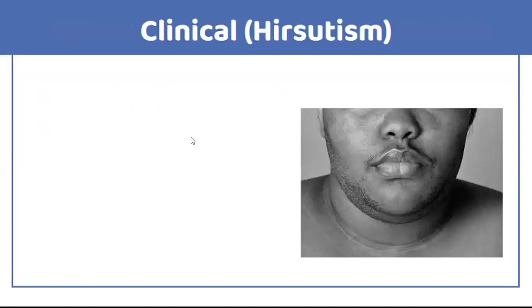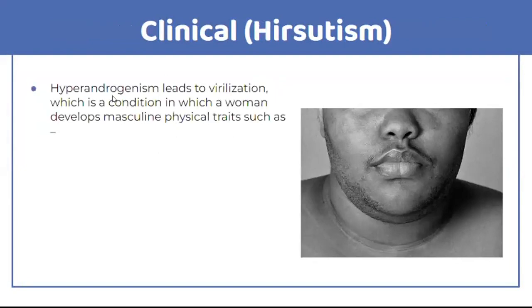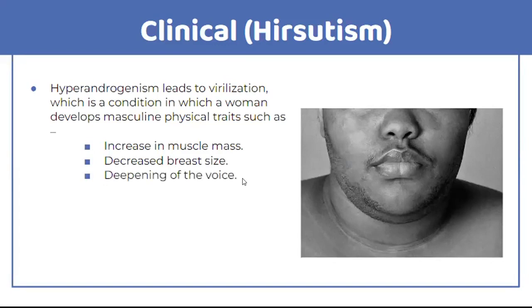Okay, the first one is hirsutism. Hyperandrogenism leads to virilization, which is a condition in which a woman starts developing masculine physical traits. Increase in muscle mass, decreased breast size, deepening of the voice.